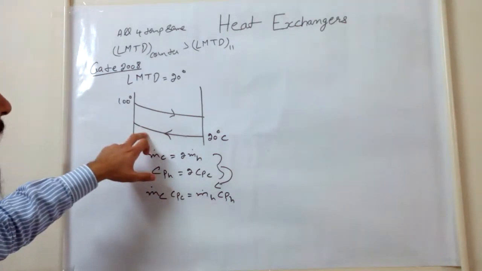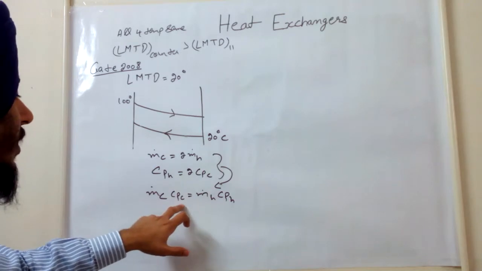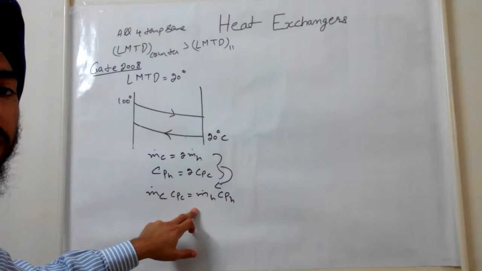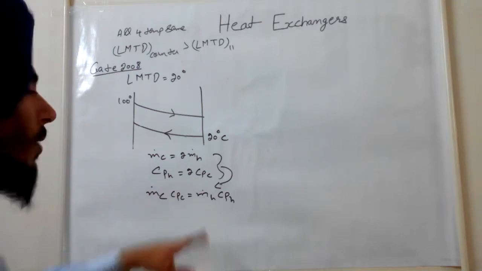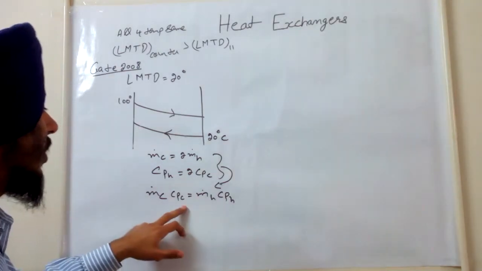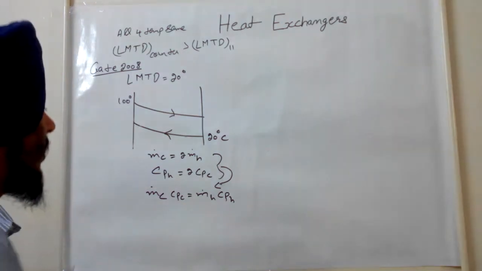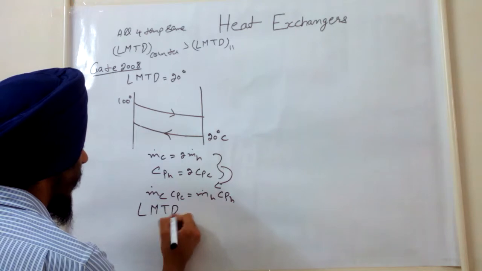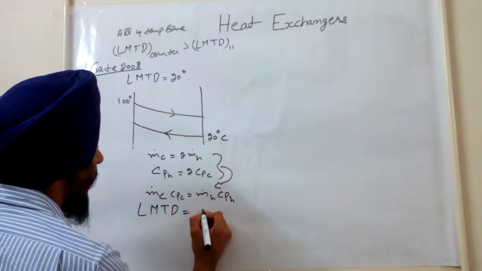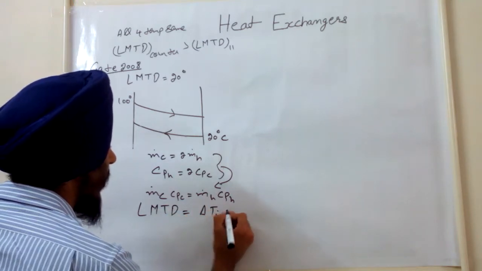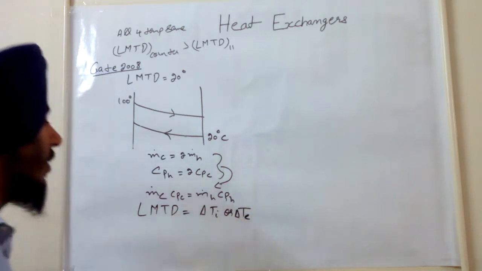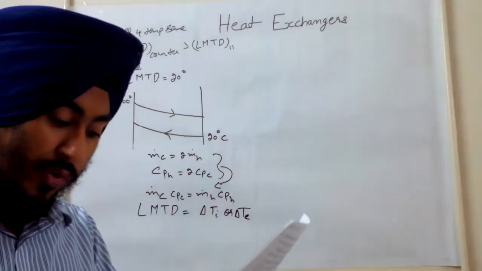Since it is counter flow heat exchanger and the heat capacities are also same, it is the special case 2 that we have studied. In this case, the LMTD is equal to delta Ti or delta Te. Now let us see what we have to find.